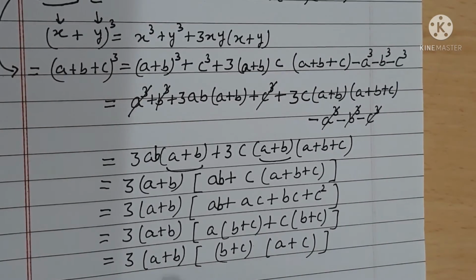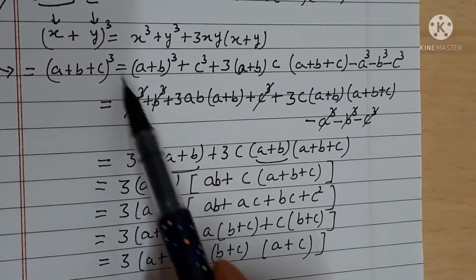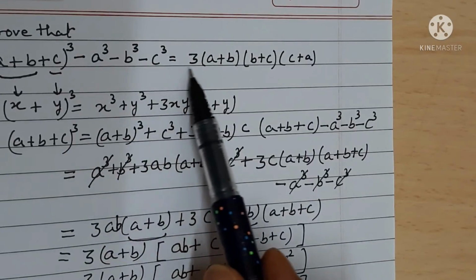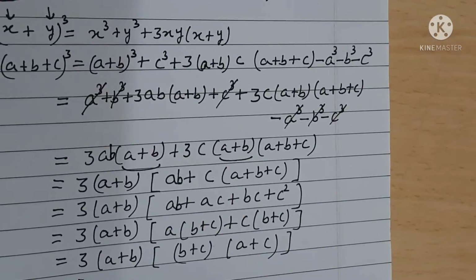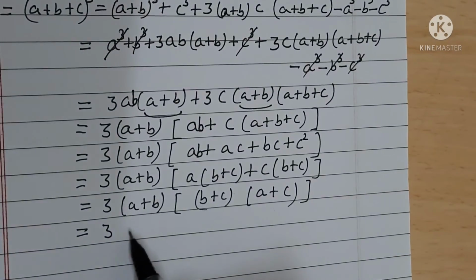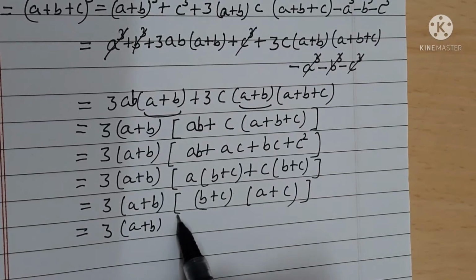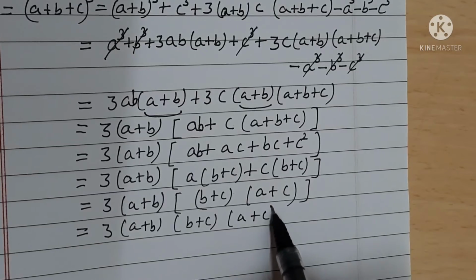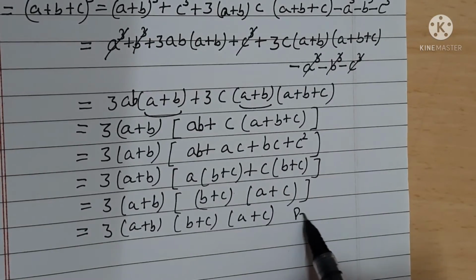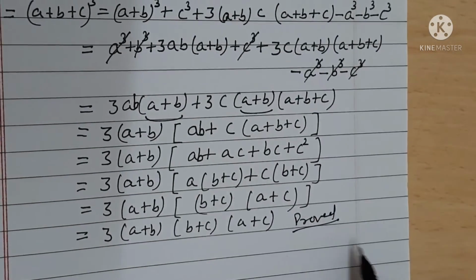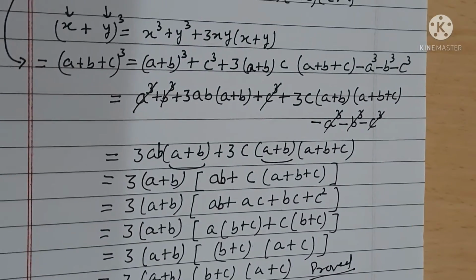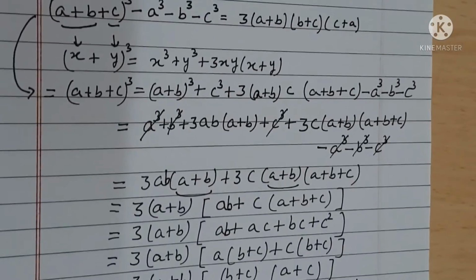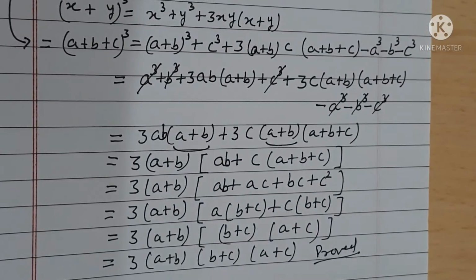So all factors of the given expression, this we have to prove. So 3 into a plus b, b plus c, a plus c or c plus a, both are the same thing. Proved. This we had to prove. Next question, question number 24.